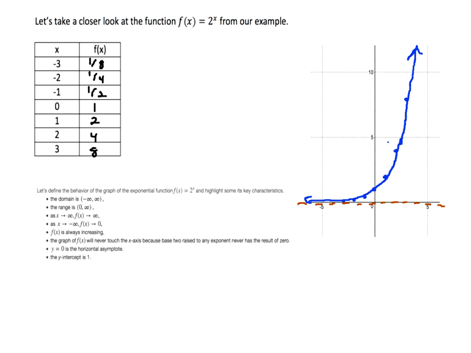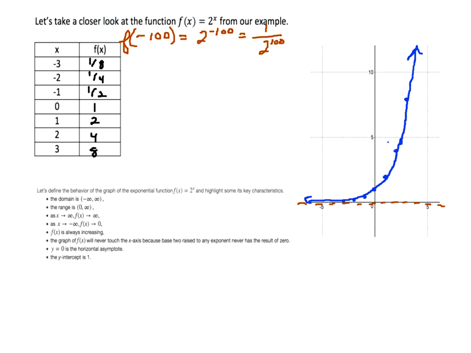Let's say we had plugged in negative 100, and we want to know what f of negative 100 is. So 2 to the negative 100th power is the same thing as 1 over 2 to the 100th power. It's a really, really, really big number on the bottom, but 1 is being divided by that. So it ends up being a very, very tiny number, but it's not actually 0.